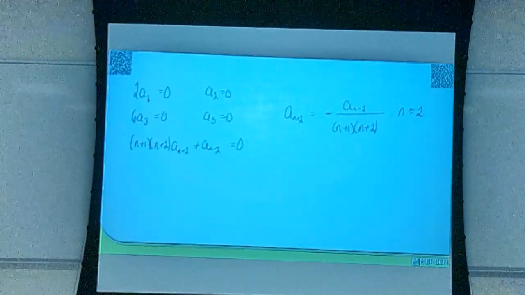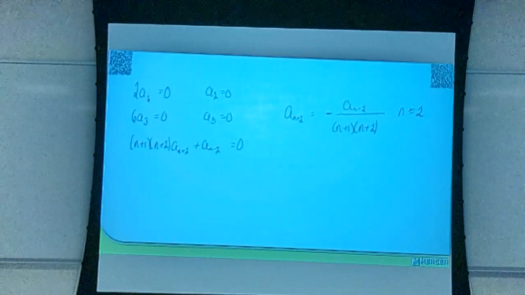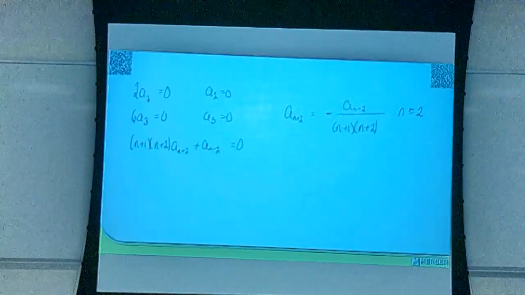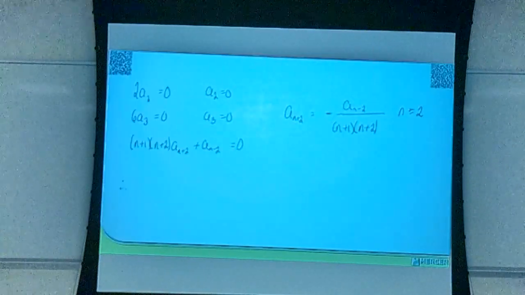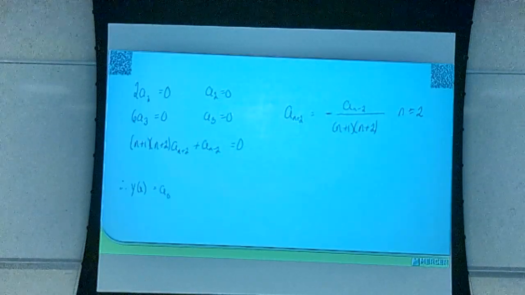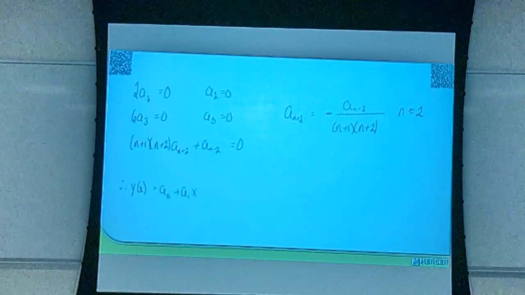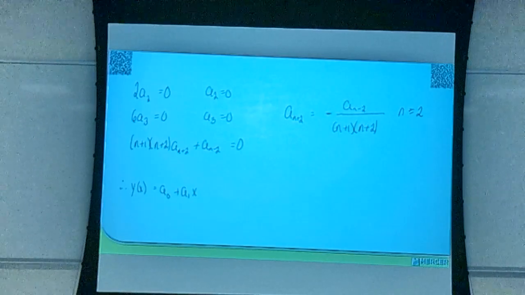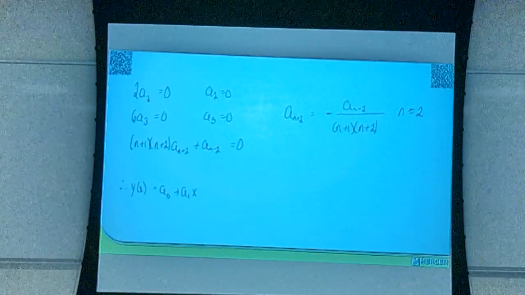Now up to the x to the 6th term. There is no A2 and no A3.